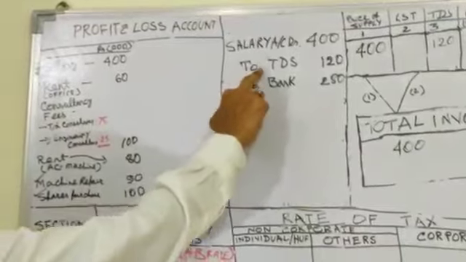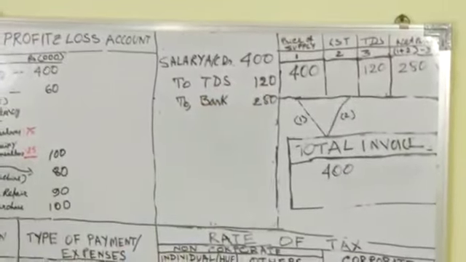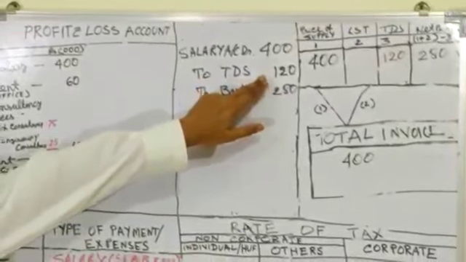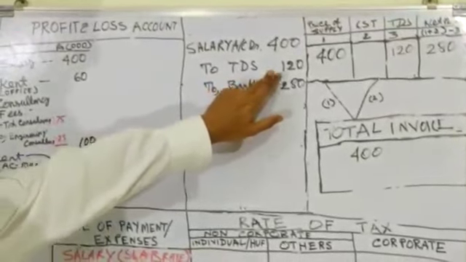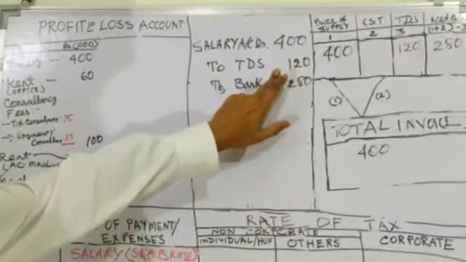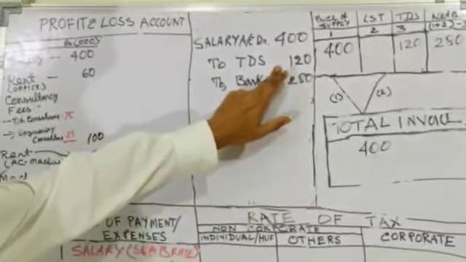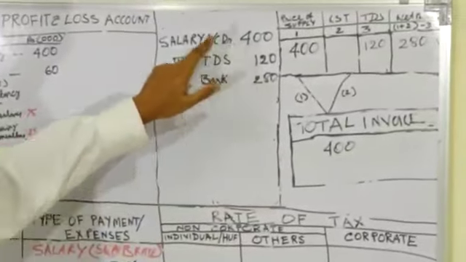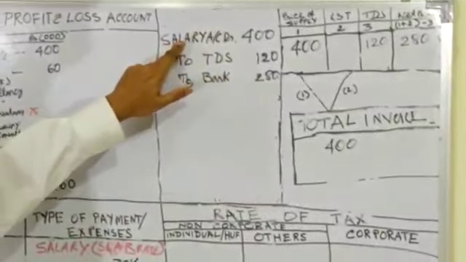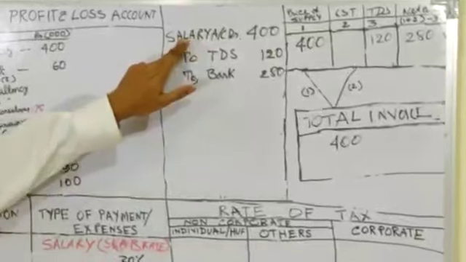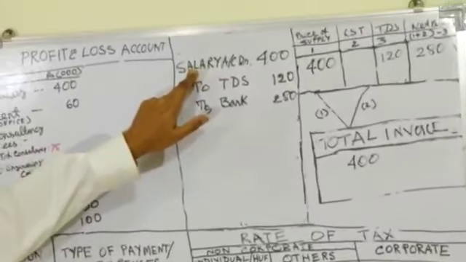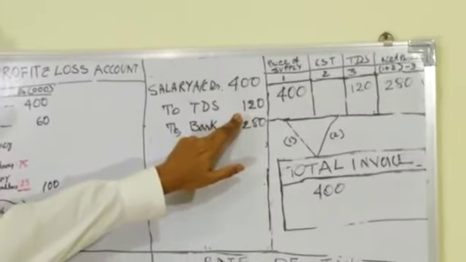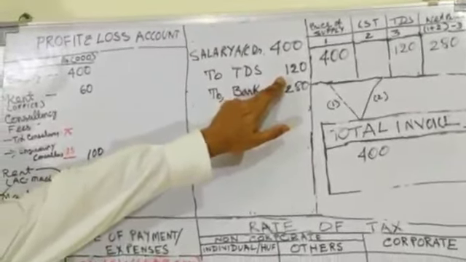So what do we get? This TDS appears as my liability, and as we discussed in the last class, we need to deposit the TDS by 7th of the subsequent month after making the payment of the salary. So if we made the payment of salary on 30th April, then by 7th of May we have to deposit this TDS to the government.